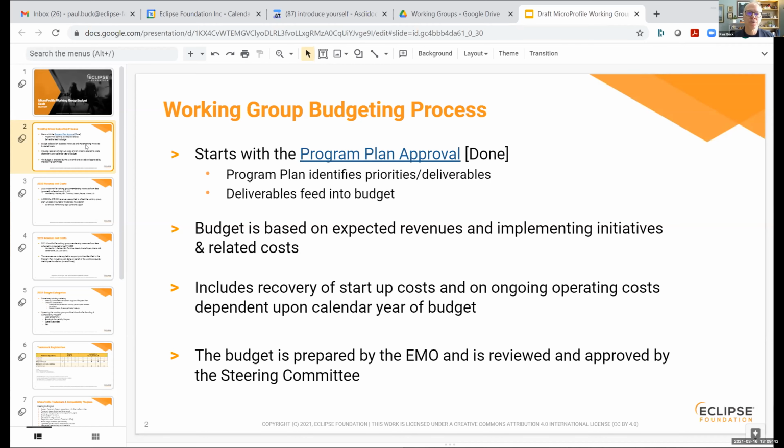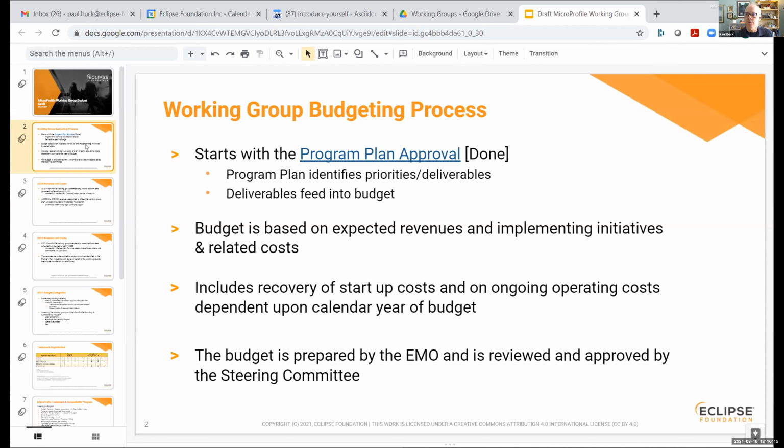But okay, cool. Also good to create a PDF of the program plan, so you've got the version that was voted on. The deliverables that come out of the program plan feed into the budget. And the budget, of course, is based on the expected revenues, and it's tied to the implementation costs of the items that are in the program plan, including costs to implement the objectives.